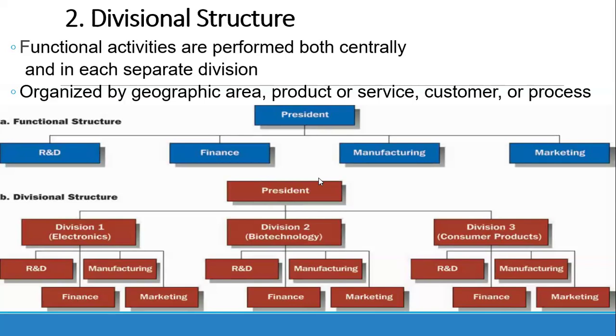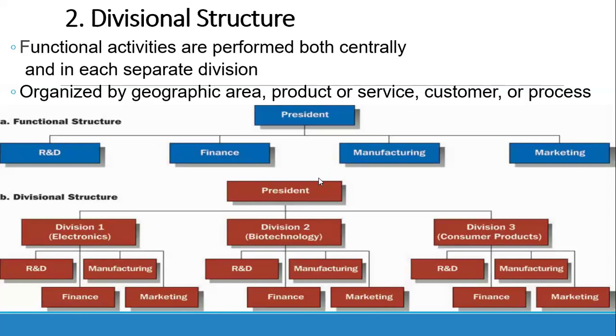And besides that, it can be costly to maintain because look at this. You have critical functional areas scattered across each division. So we have research and development in Division 1, research and development in Division 2, and in Division 3. You have manufacturing, marketing, and finance across each of the divisions.